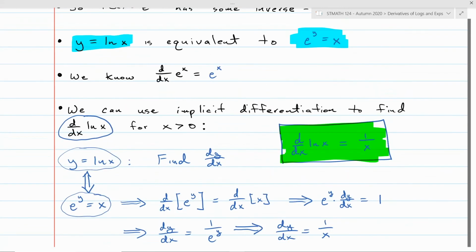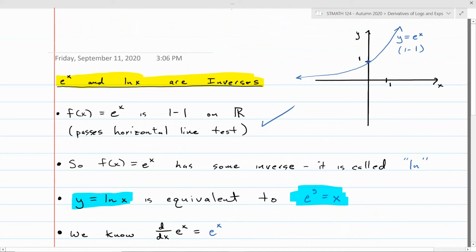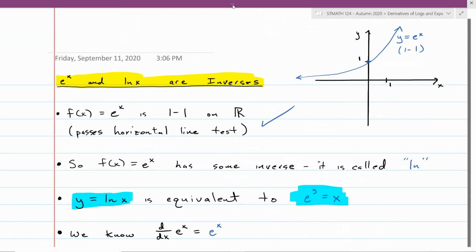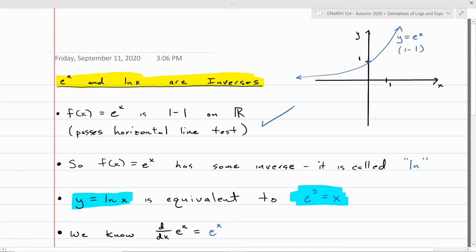And the reason for that is the natural log is the inverse of the original exponential function, right? And when you look at the original exponential function, its range is 0 to infinity. So that means that the domain of the natural log function is 0 to infinity.